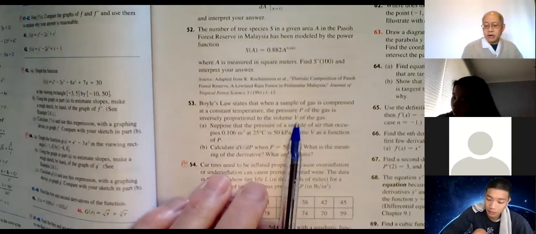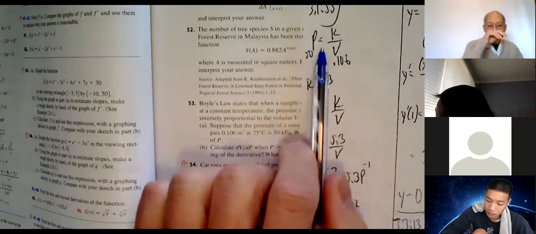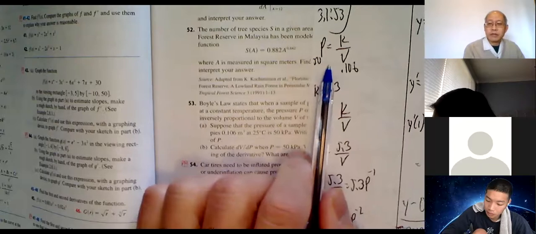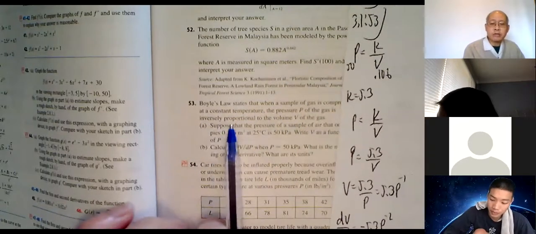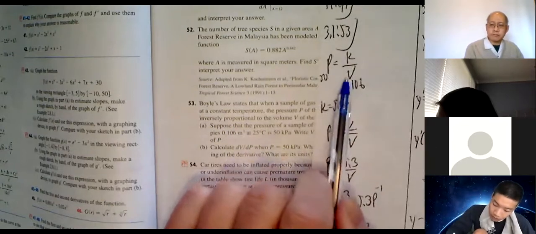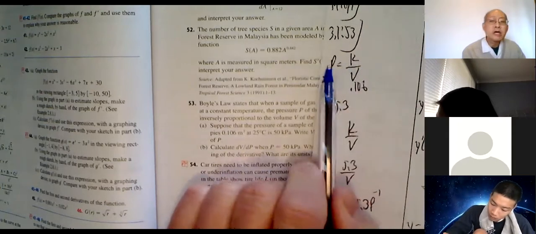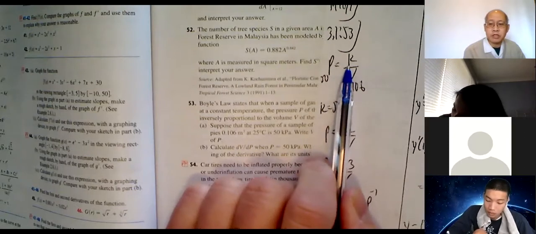Okay, so the way to set that up from algebra is P equals K over V. You might remember having that language in algebra. Okay, the pressure is inversely proportional. Inversely proportional means K over V. Okay, and a side note, if you multiply both sides by V, you have PV equals a constant, which some of you may have heard from your chemistry or physics classes.